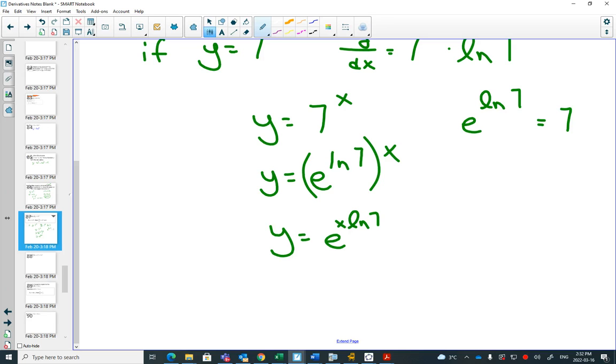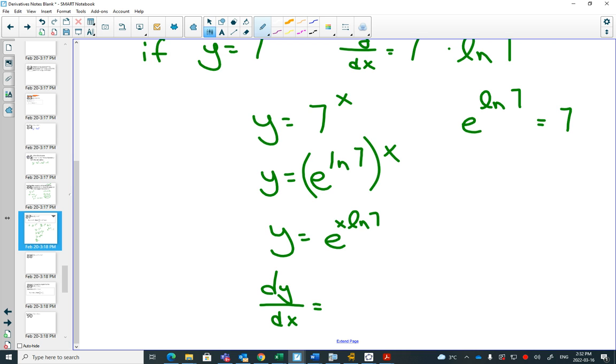And now I could do the derivative of this like a chain rule for e. Because I have the function e as my outside function, and my inside function is x times the natural log of 7, which is just like 2x or 3x or 4x. It's just some number times x. How do I do a chain rule? Chain rule says, do the derivative of your outside function and keep your inside function the same.